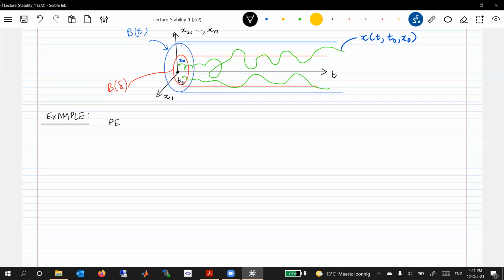And what better to look at than our favorite example, that of the pendulum equation. So once again, we have this pendulum, which is say mass m, length l, and the angle we are describing by say x, and there's gravity acting here.